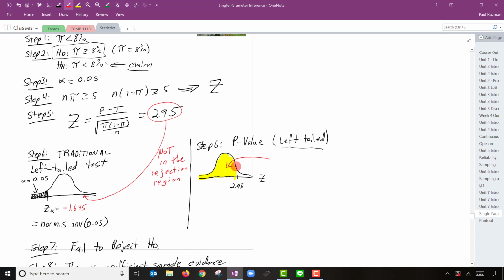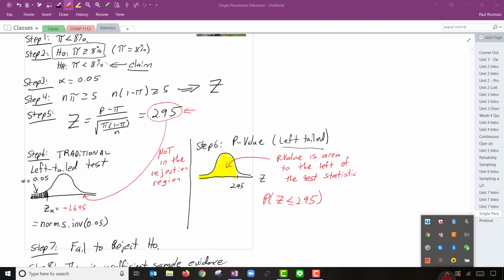It's the area to the left of the critical value. I'm sorry, its p-value is the area to the left of the test statistic, the 2.95. So we want the probability of a z-score being less than or equal to 2.95. That's our p-value.